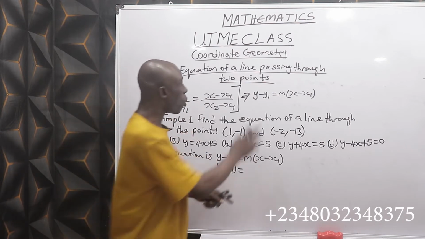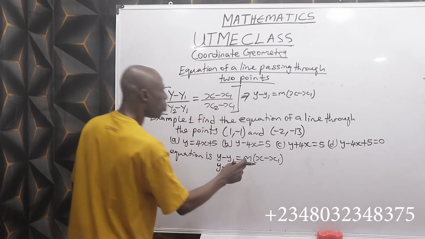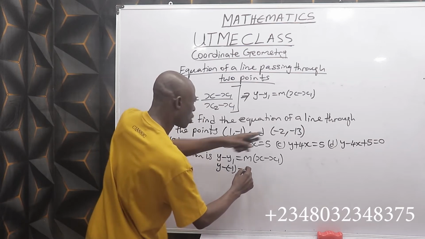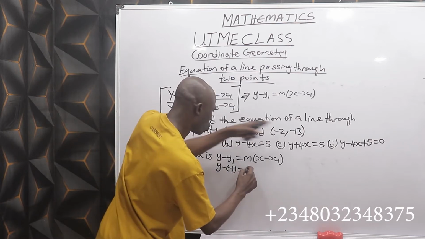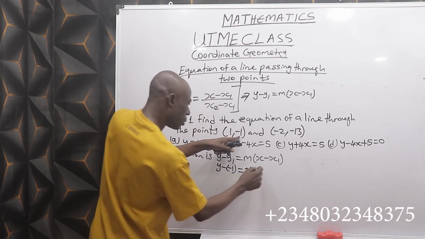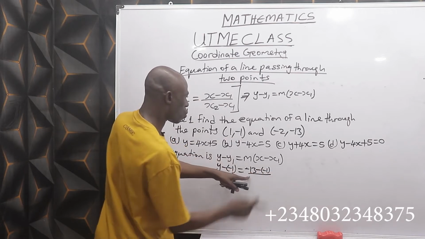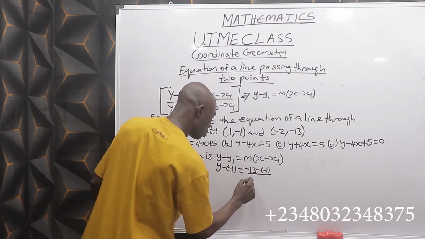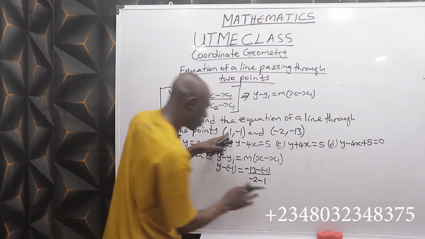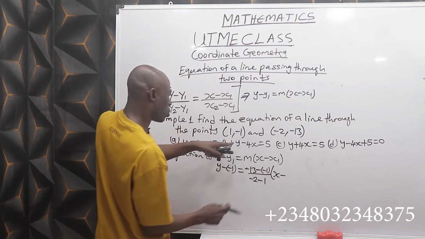If you don't want to cram it, you want to stick to this one that you have known before, then you must know that your m in this regard is y2 minus y1 over x2 minus x1. That's minus 13 minus minus 1, divided by x2 minus x1, that's just m, into x minus x1. x1 is 1.